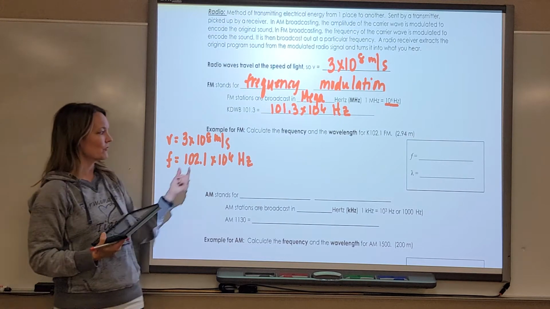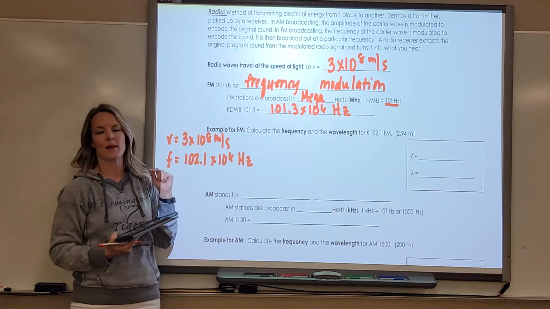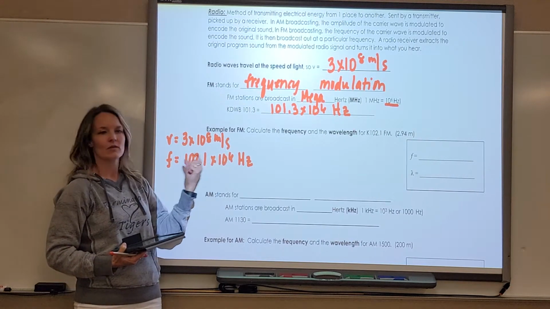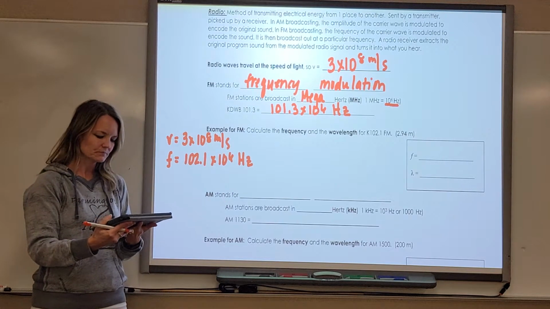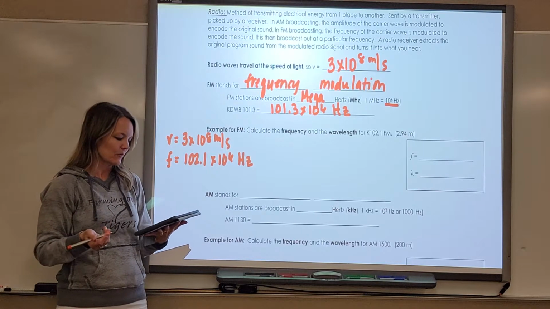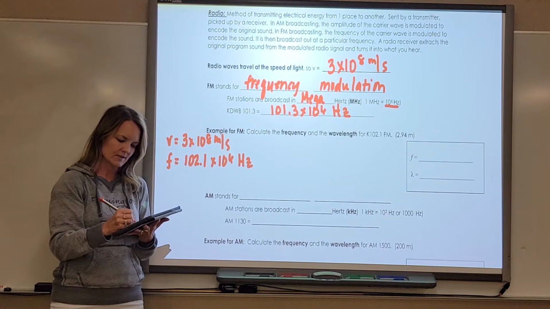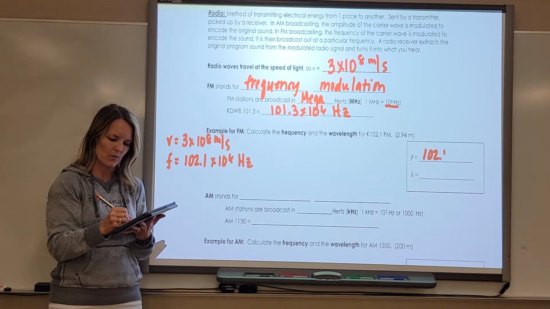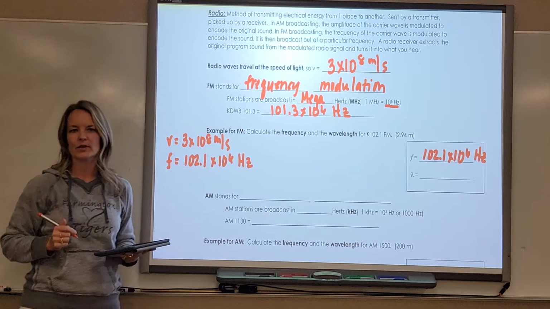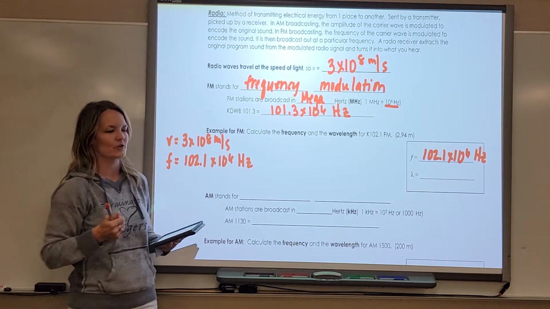We have to change it from megahertz to hertz by putting times 10 to the 6th behind it, which is this with 6 more zeros behind it. So the frequency is already converted to hertz: 102.1 times 10 to the 6th hertz. You could move your decimal place to get it behind the first number, but you don't have to.